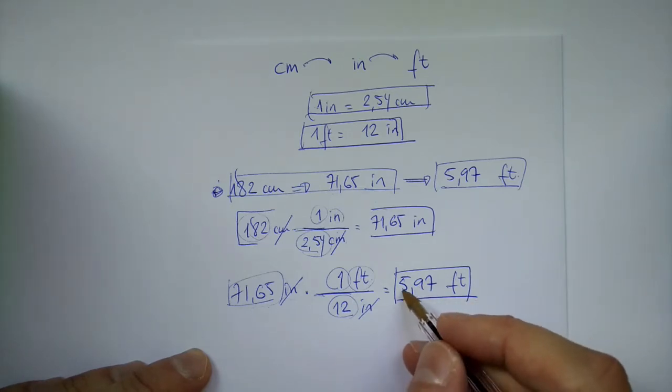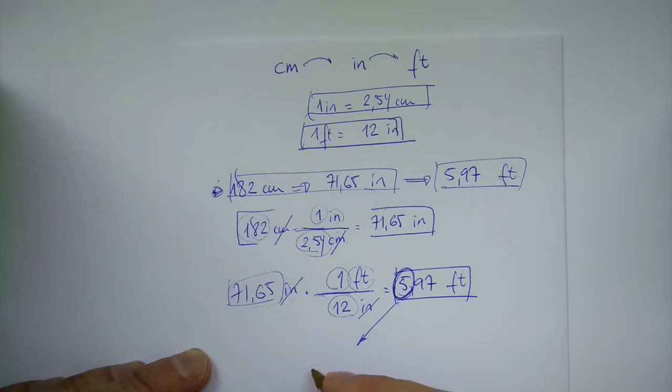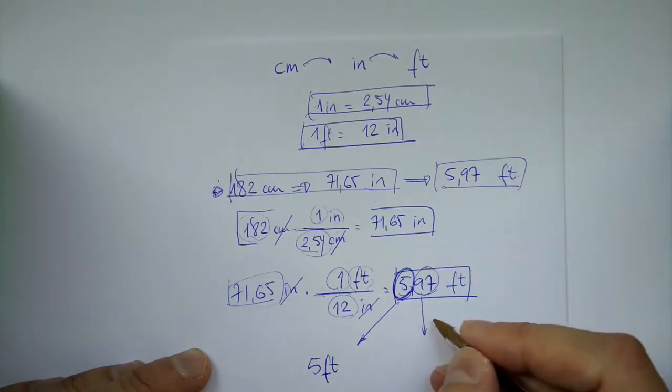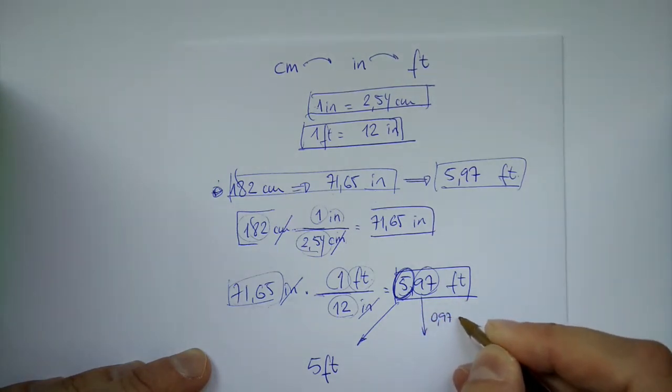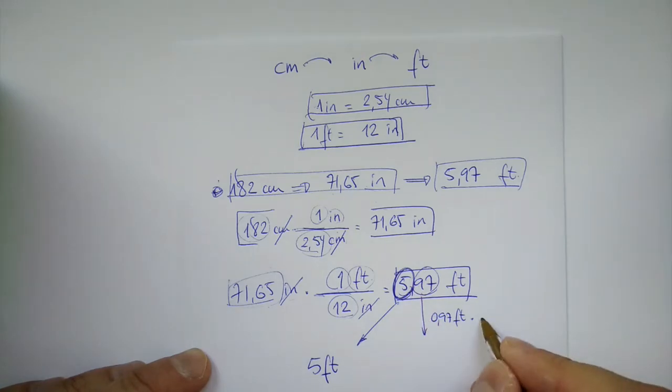So I want to put the feet below in the denominator. There's my 5 feet. The 0.97 feet, we need to convert this into inches. We know that 1 foot equals 12 inches. That's our equivalency or our formula.